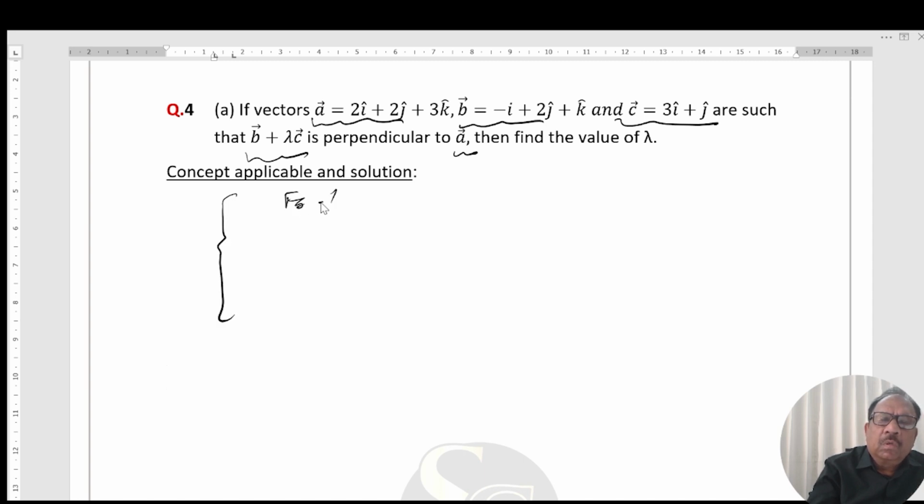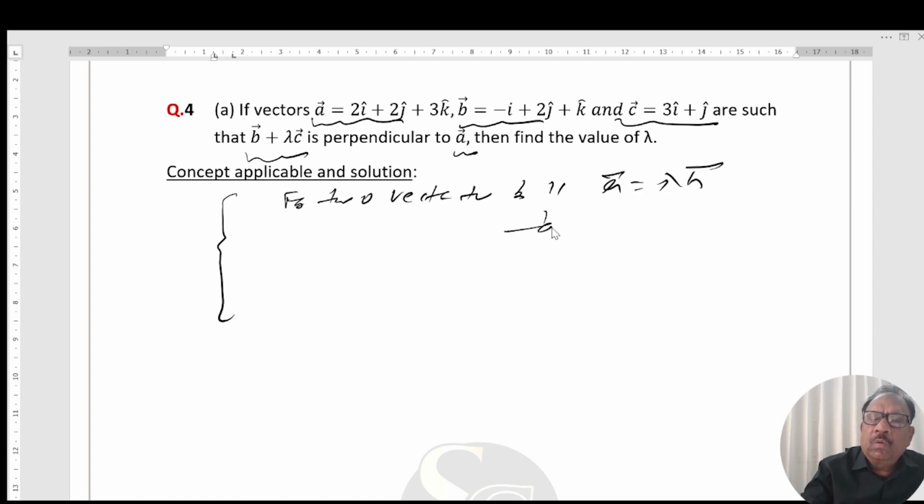For two vectors to be parallel, A equals lambda B, or for perpendicular, A1 A2 plus B1 B2 plus C1 C2 equals 0. That is cos theta.